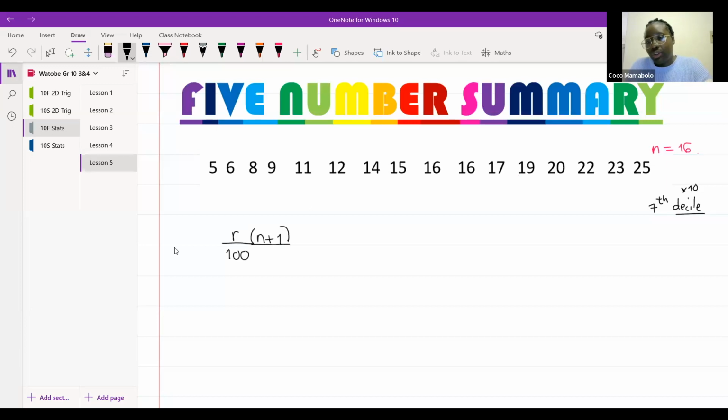So that would mean I'm looking for the 70th percentile. So this R that we have over here, we're going to replace it with 70. In order to find D7, we're going to replace this R with 70.